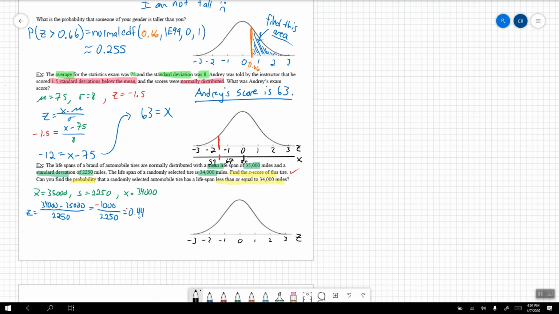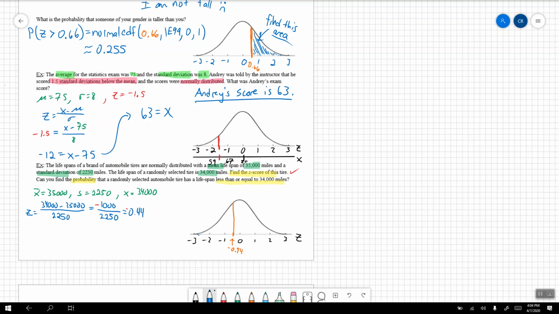I'm looking at this z-score. It's negative 0.44. Okay, so negative 0.44, that's close to a half here. All right, that value is negative 0.44. There we are. And the probability that I'm looking for, it says, can you find the probability that a randomly selected automobile tire has a lifespan that's less than or equal to this?